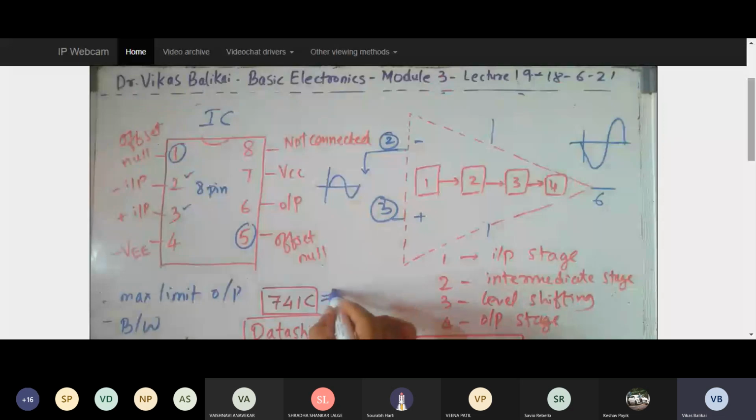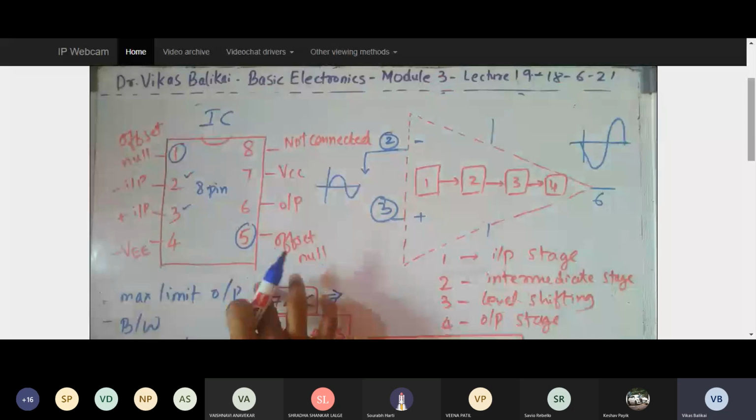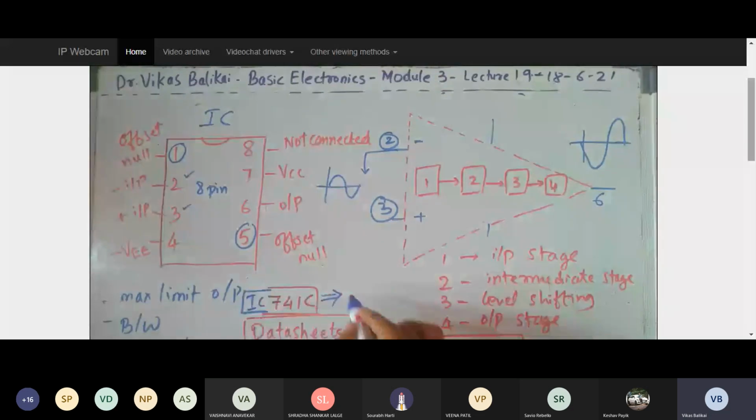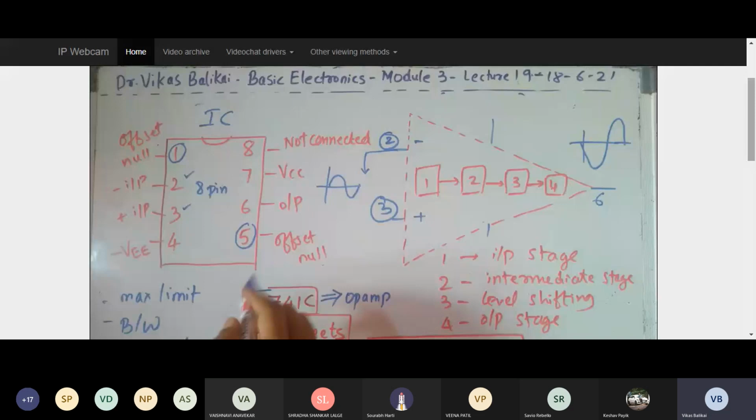There is an IC called 741C, and that IC is nothing but your operational amplifier. This is the op amp that we most frequently use in our laboratory work. Henceforth, in whatever operation or discussion we do, we will consider the IC 741C op amp only. So that's about your pin structure.